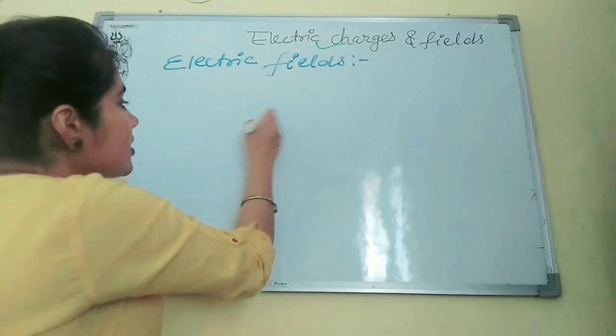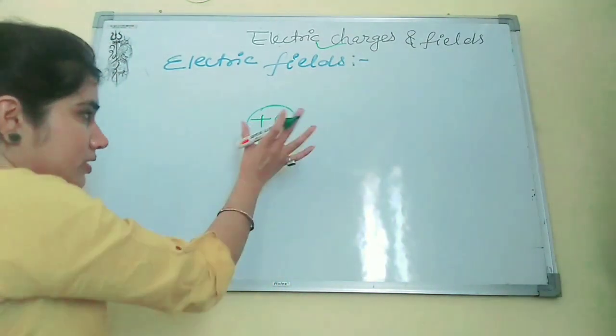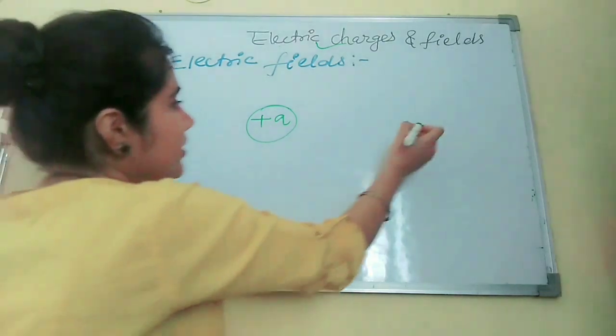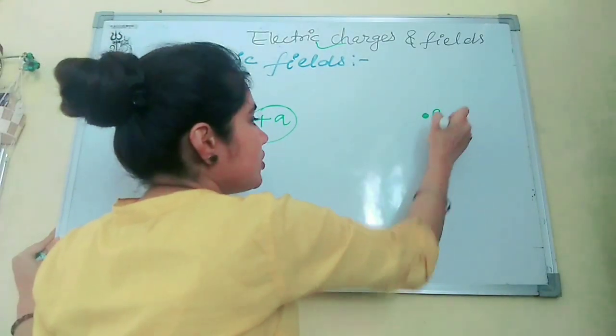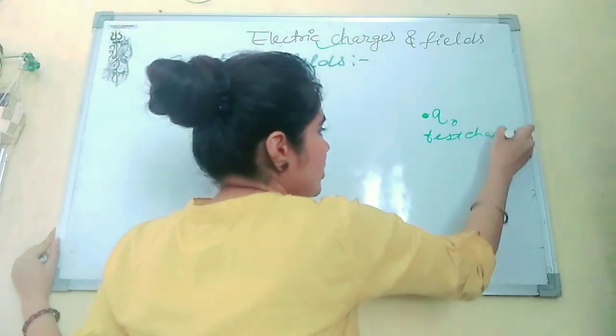Okay, suppose this is plus Q charge placed in some region. This point charge Q naught is called a test charge.